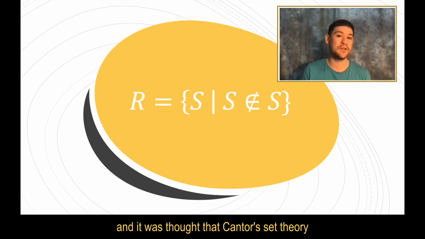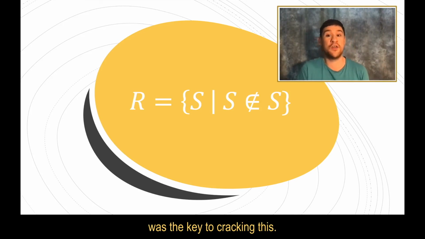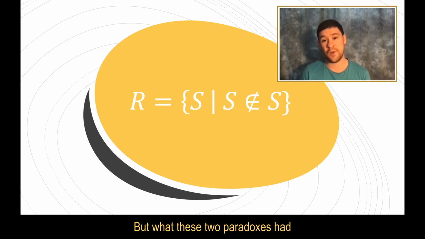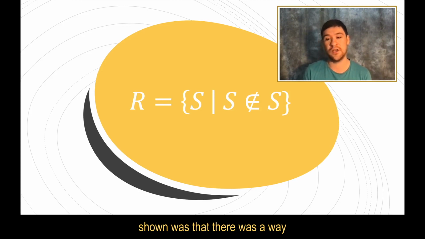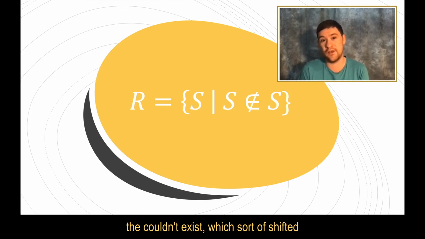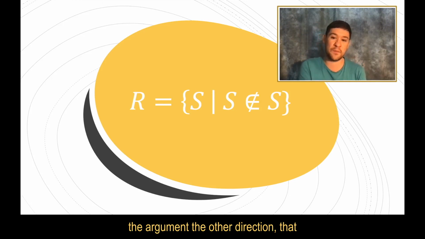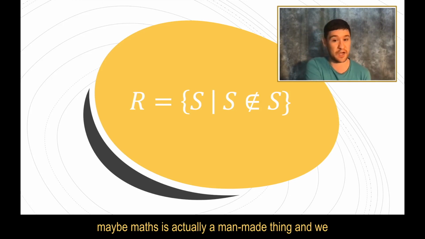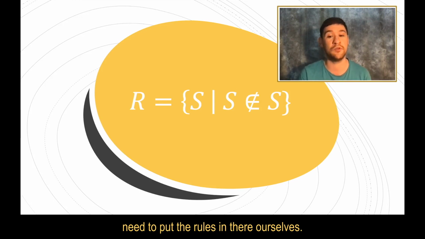And it was thought that Cantor's set theory was the key to cracking this. But what these two paradoxes showed was that there was a way, using pure reason alone, that contradicted itself, that couldn't exist, which sort of shifted the argument the other direction, that maybe maths is actually a man-made thing and we need to put the rules in there ourselves.